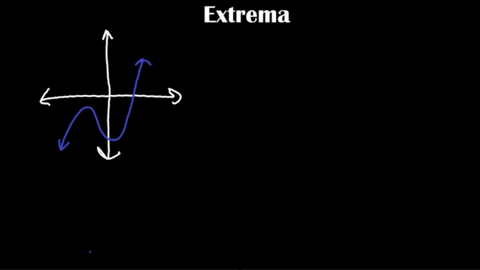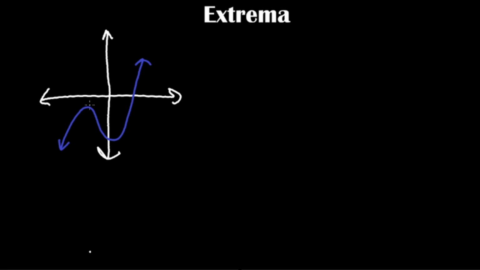Alright, so as I briefly mentioned before, extrema are basically your maximums and minimums of your function. So local extrema are places where your function reaches a local extreme value, within one specific area of the function. So what I mean by that is, let's say a function that looks like this. Clearly the function goes off to negative infinity on the left end and positive infinity on the right end.